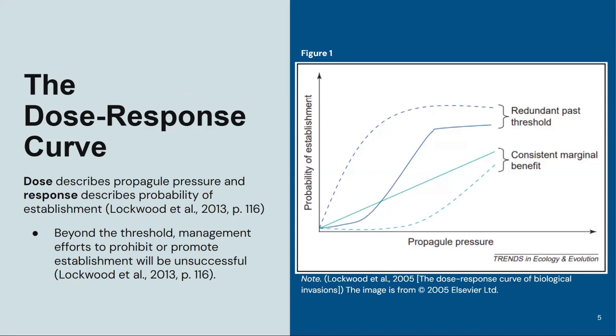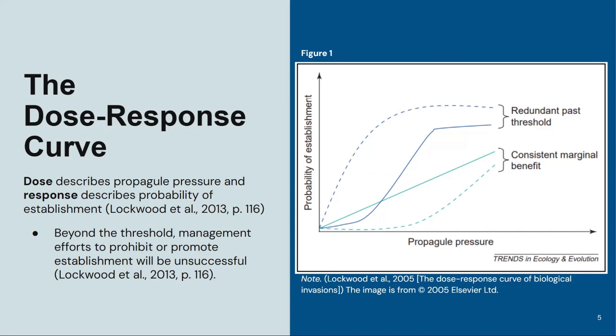One tool used in invasive species management to assess propagule pressure is the dose-response curve. In this model, dose describes propagule pressure and response describes the probability of establishment. The linear line represents a scenario in which there's continued benefit to releasing or prohibiting the release of every separate individual.